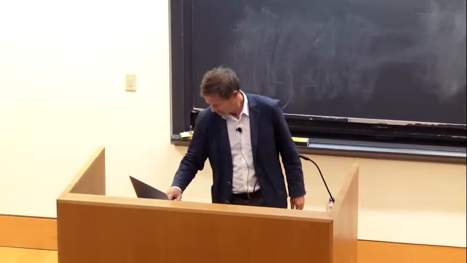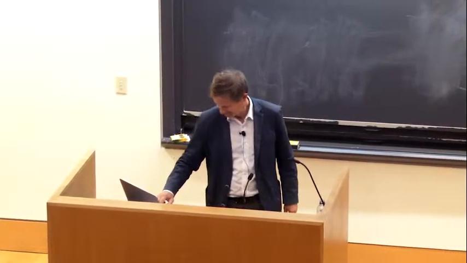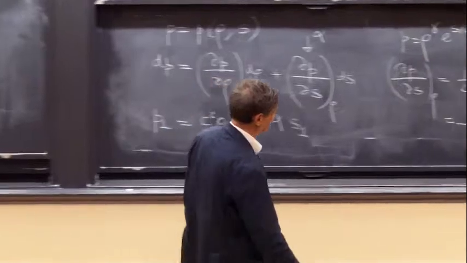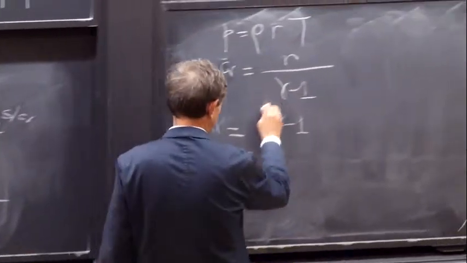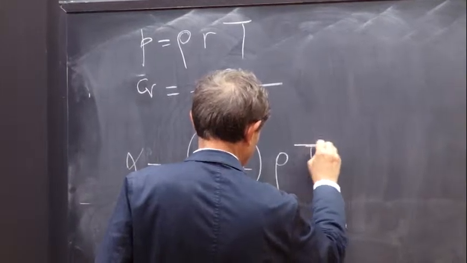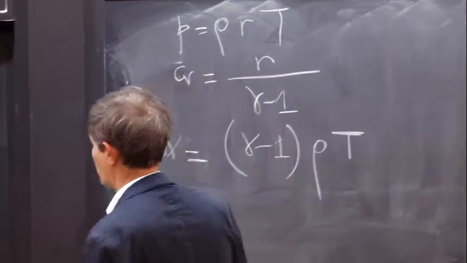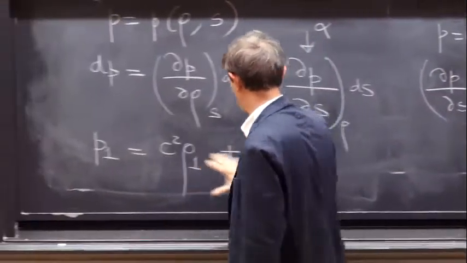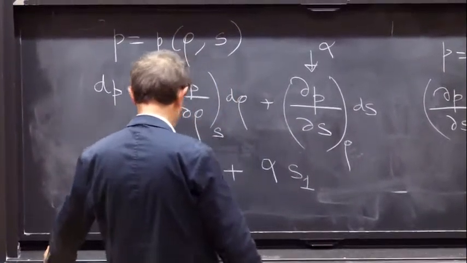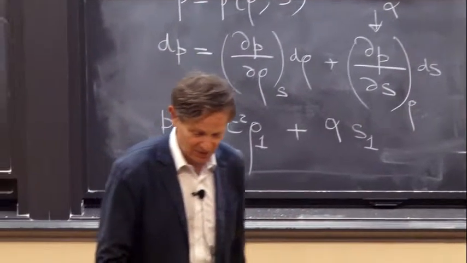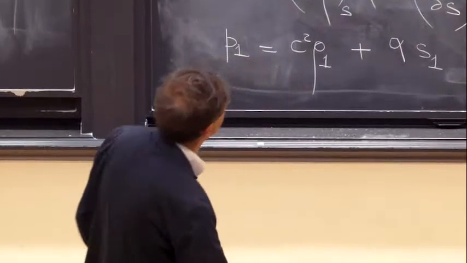Yeah. It's surprising me just like that. Well, anyway, gamma minus 1 times rho T. Okay, so we have an expression for alpha, and so the main change here is this expression, and we will see now what comes out.